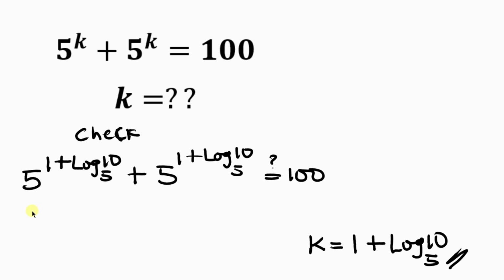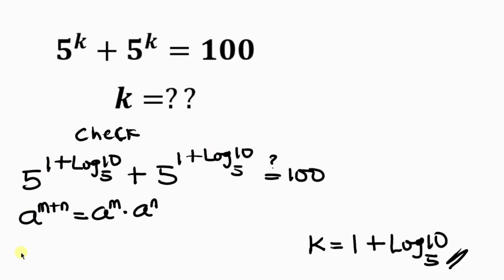Now, we apply the property of indices here that says that when I have, for example, a to the power of m plus n, this is equal to a to the power of m times a to the power of n. We apply this to what we have here and what we have here.